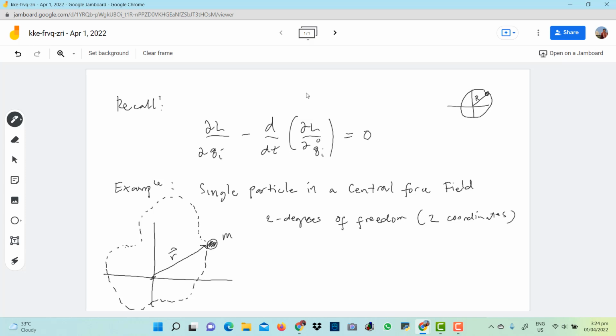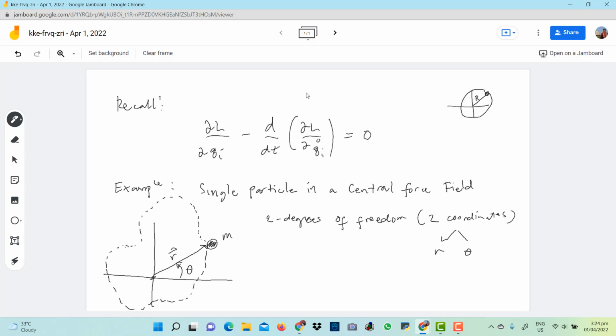Take note, when r is fixed, there is only one degree of freedom, and the coordinate will just be theta. In this case, we have 2 degrees of freedom. We have r, which changes with time, mugets bigger and smaller as a function of time, and we also have theta. So we have two generalized coordinates, r and theta.